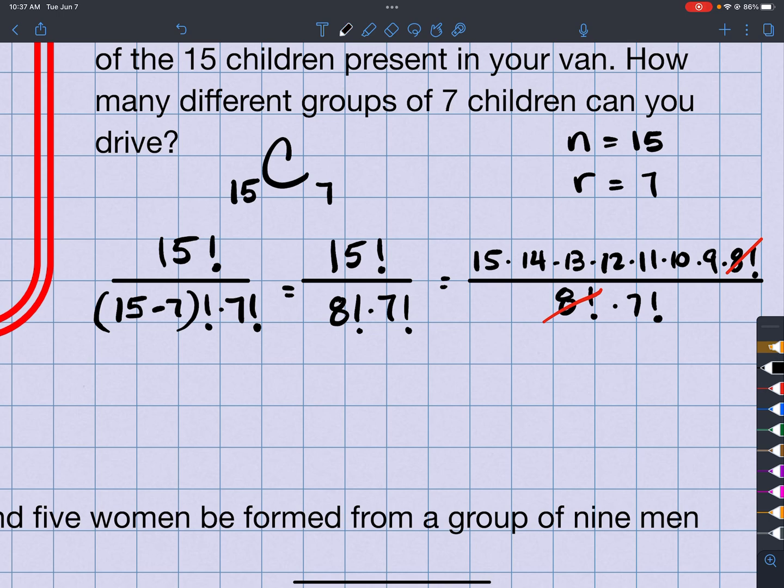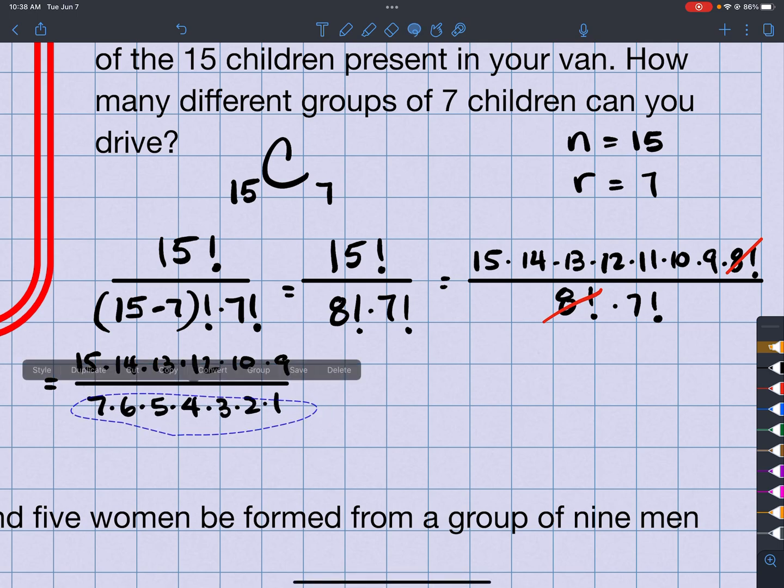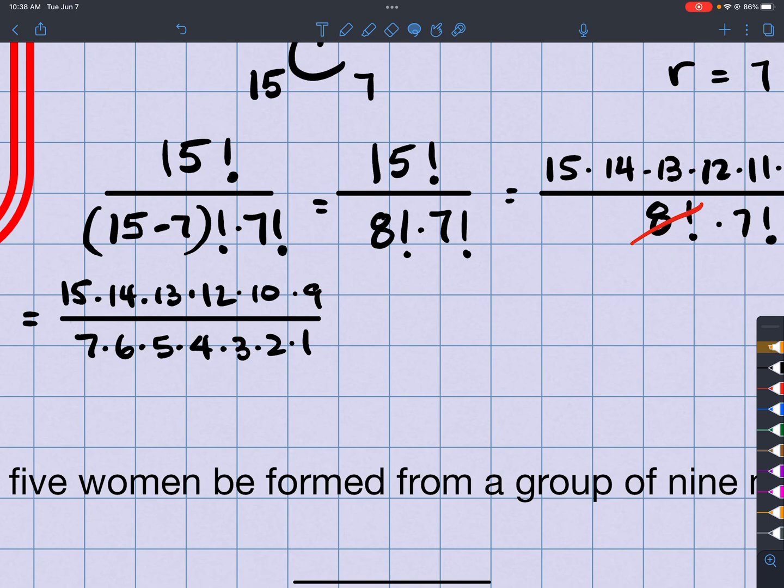Let's write that out. So I have 15 times 14 times 13 times 12 times 10 times 9 over 7 times 6 times 5 times 4 times 3 times 2 times 1. All right. Oh boy, so many choices, right? Because as you guys can see, a lot of different choices you can pick.